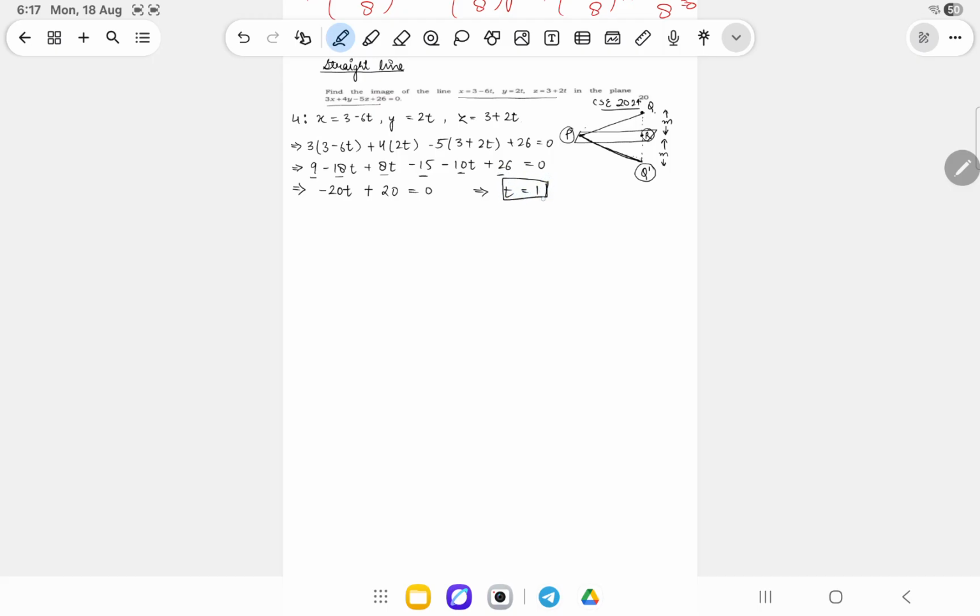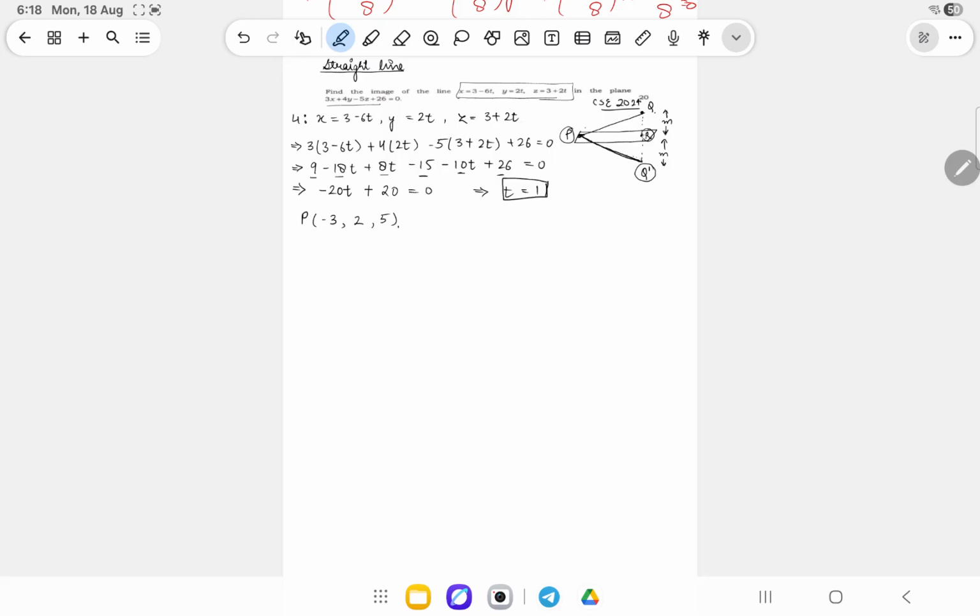If I substitute this value of t in the given line, which is in parametric form, I'll get the coordinates of P. So my point P is minus 3, 2, 5.